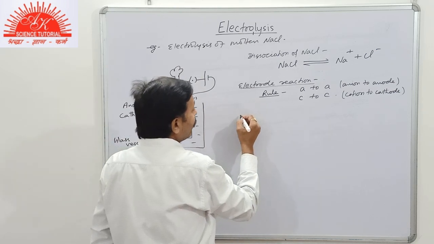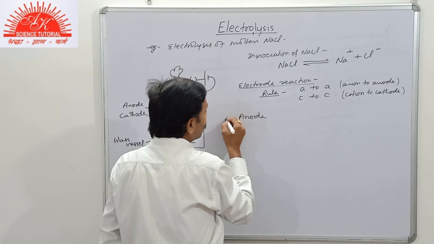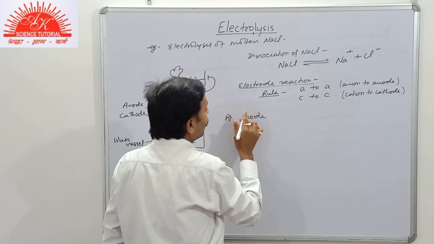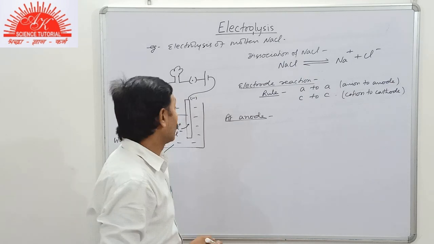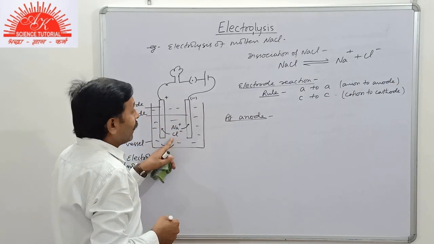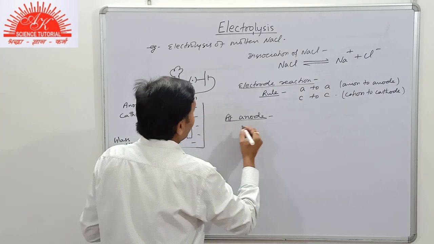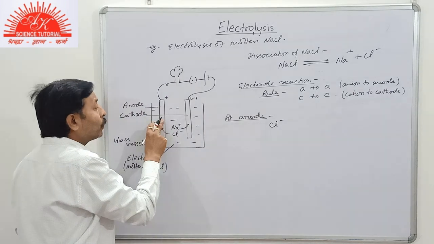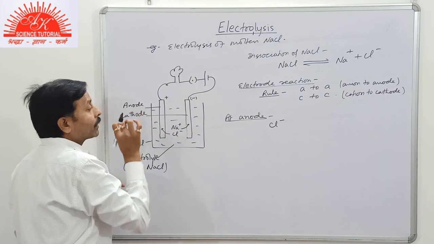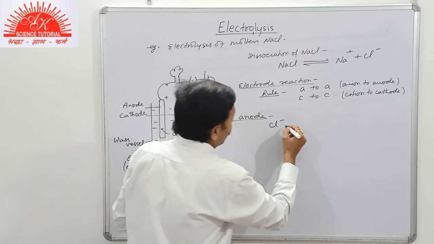Now accordingly, what will be the reaction taking place at the anode? Chloride ion, Cl minus, will migrate towards the anode. The anode is positively charged, so it will lose its extra electron and become neutral.